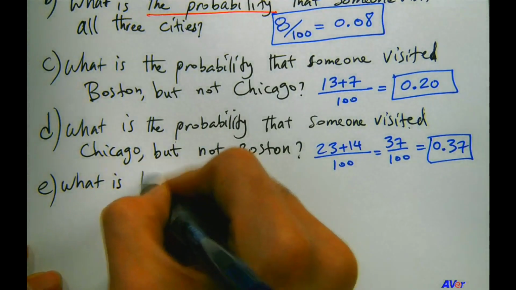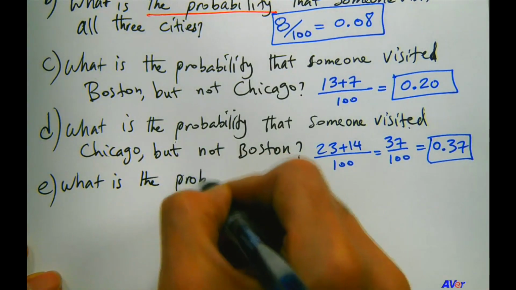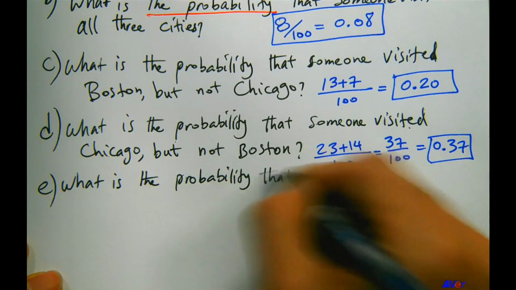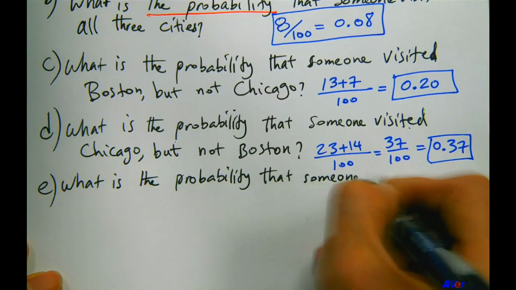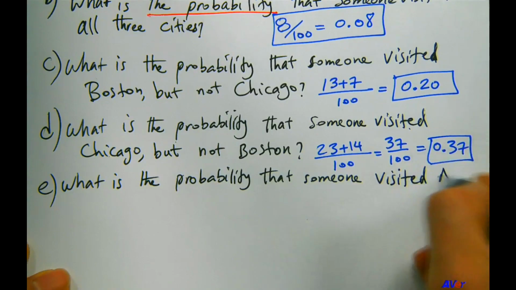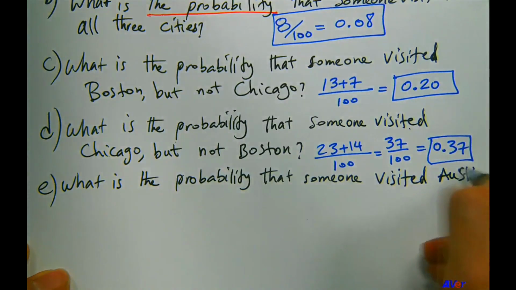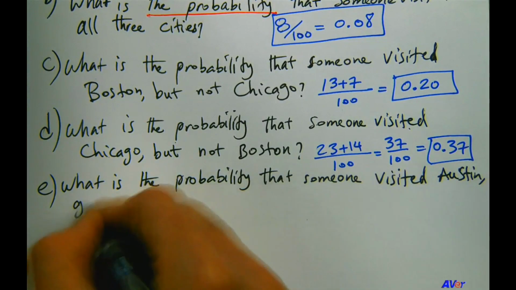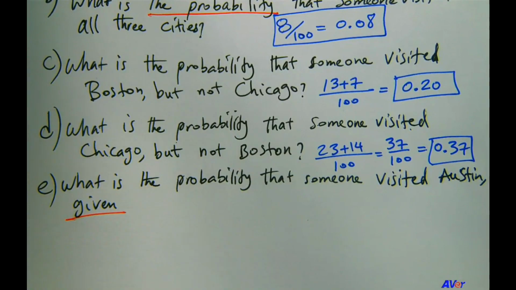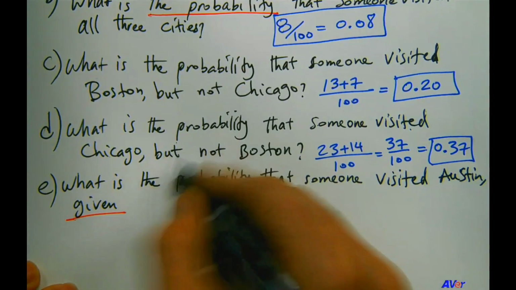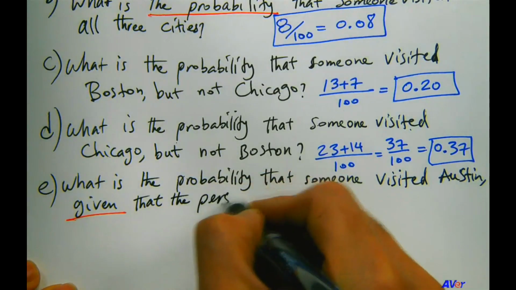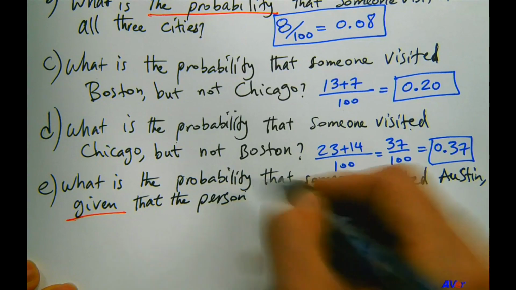So what is the probability somebody visited Austin given, right, that's an important word, given that the person had visited Boston.